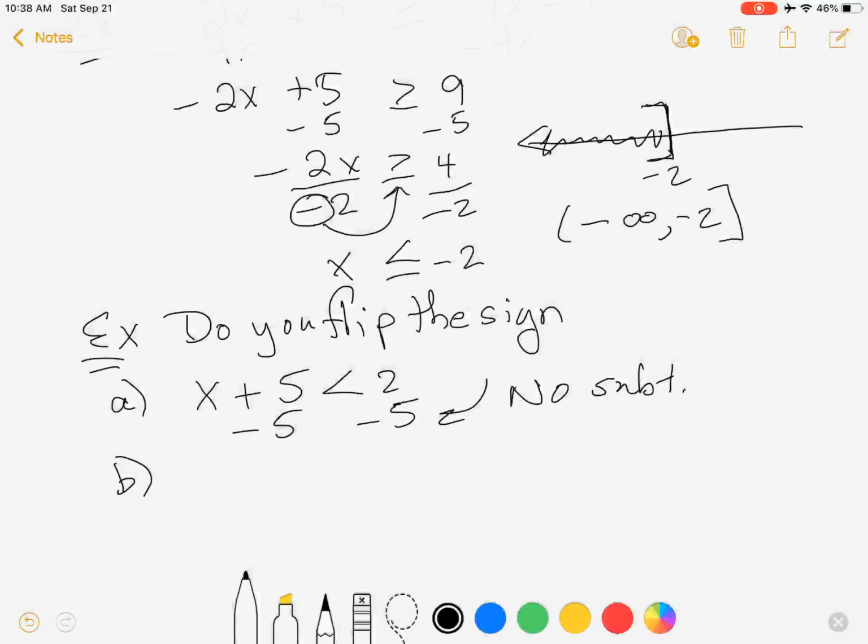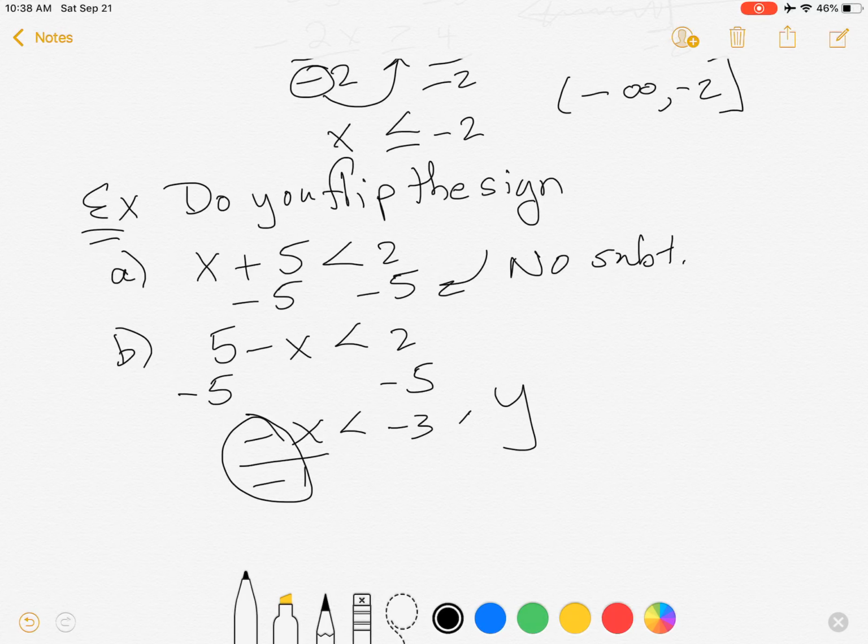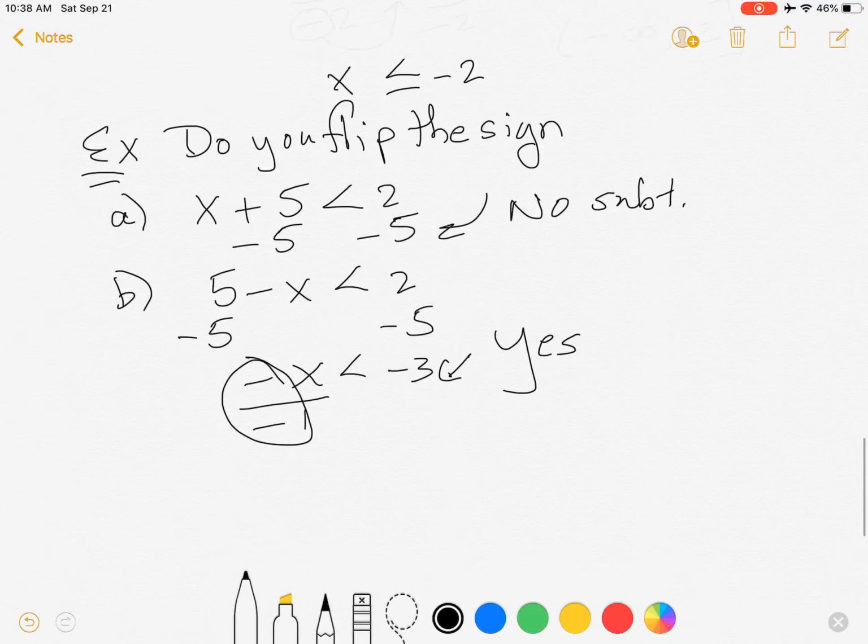Alright, do I flip the sign when I have 5 minus x less than 2? Alright, if we're going to work this out, we would say subtract 5, negative x less than negative 3. We would have to divide by a negative here. So, yes, I would have to flip the sign.